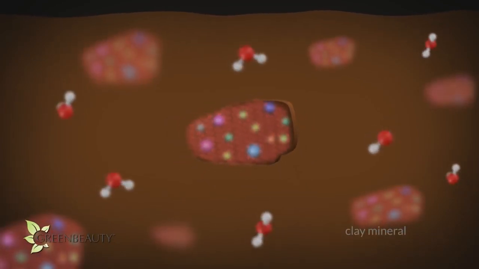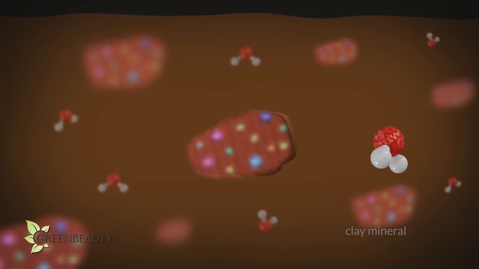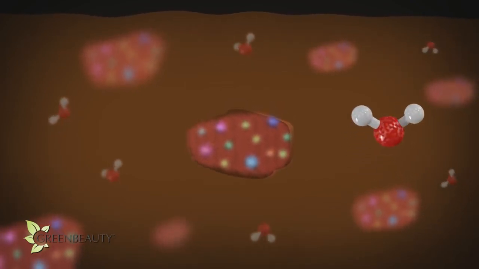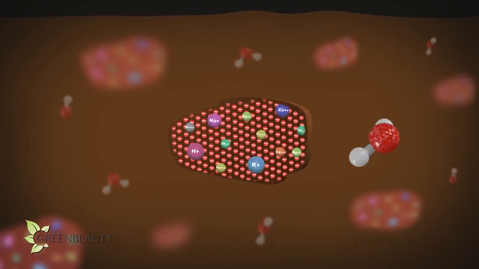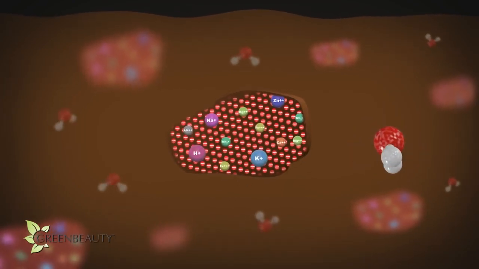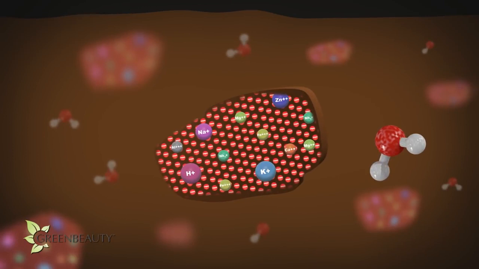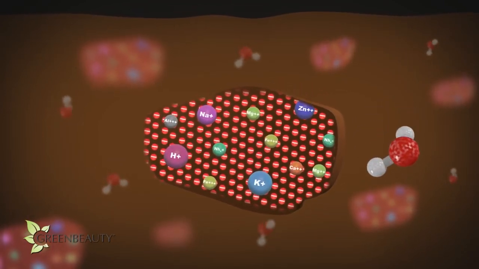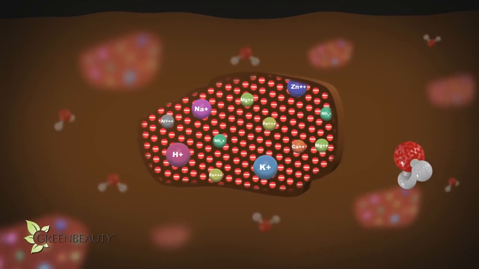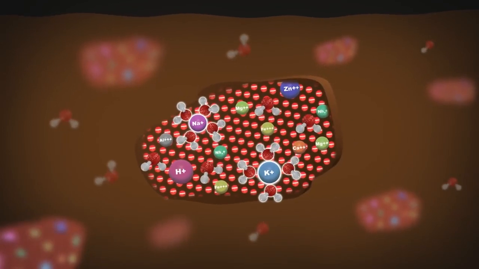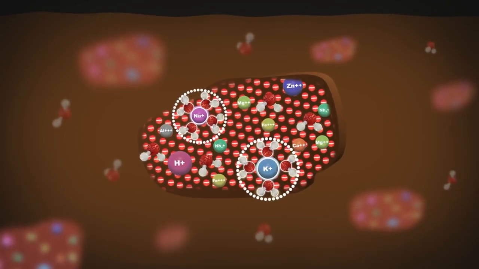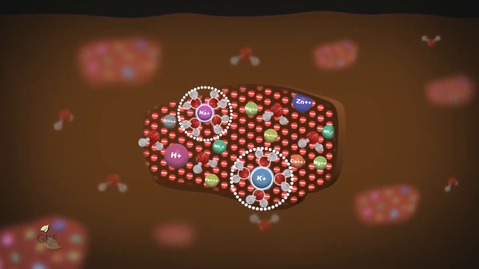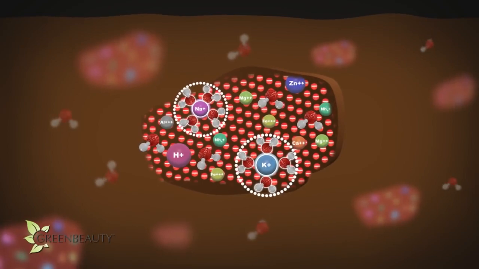Water molecules are dipolar, meaning they have both a positive charged side and a negative charged side. When you mix water and clay, a couple of things happen. The extra moisture causes the once tightly compact clay particle to swell and increase its surface area. And the water molecules detach the loosely held positive and negative charged minerals and a lot of the charged ions from the surface of the clay particles.